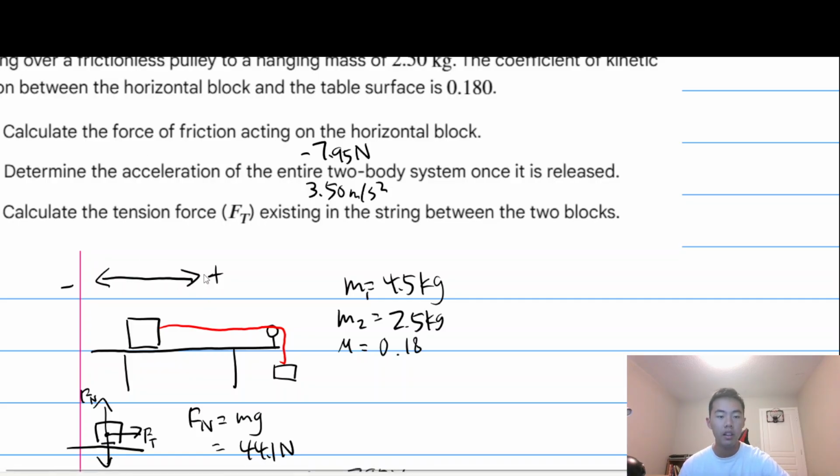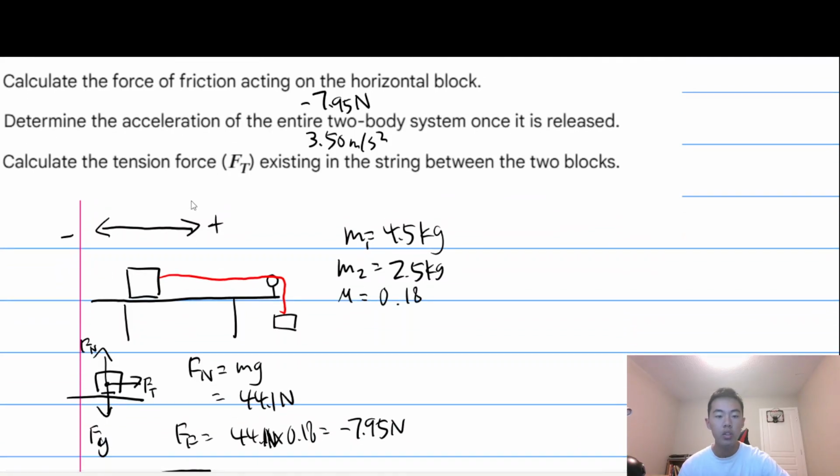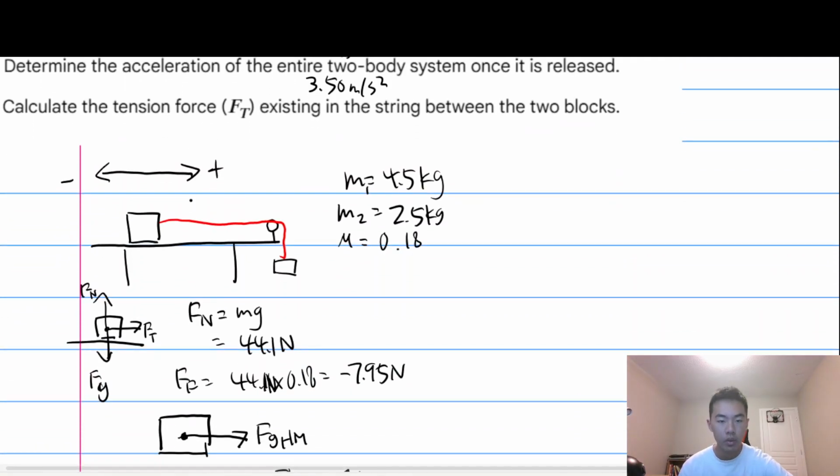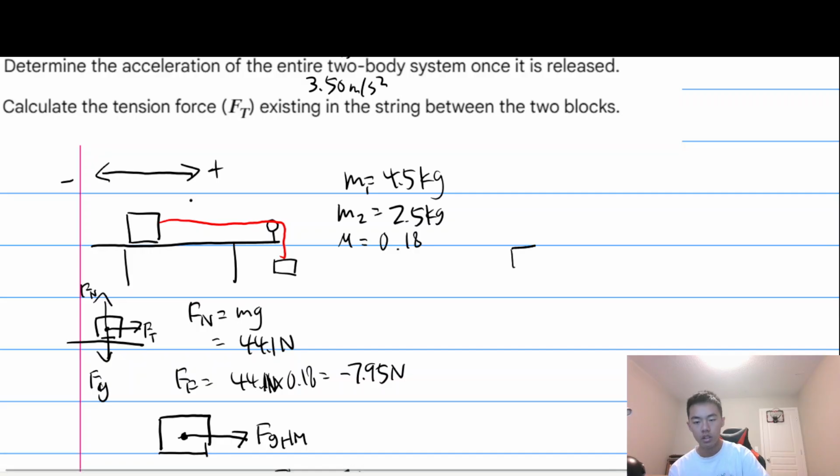Now we want to calculate the tension force between the two blocks. So we're trying to find the tension force. Now, in order to do this one, we should be looking at each individual block. So if we look at the hanging mass first, FBD of hanging mass.